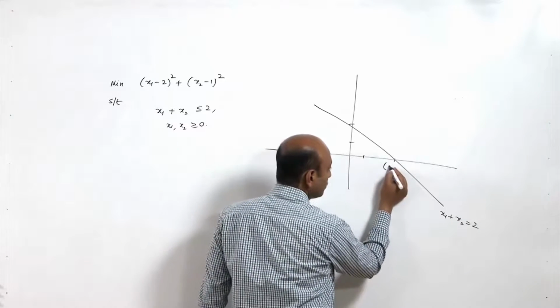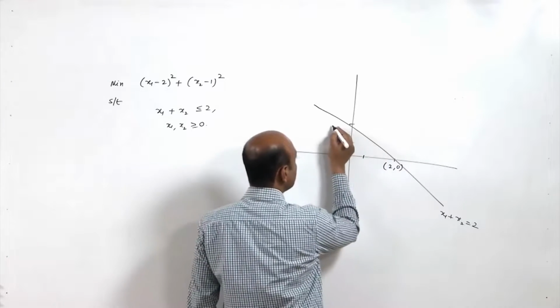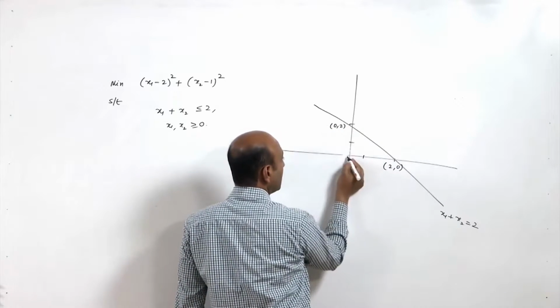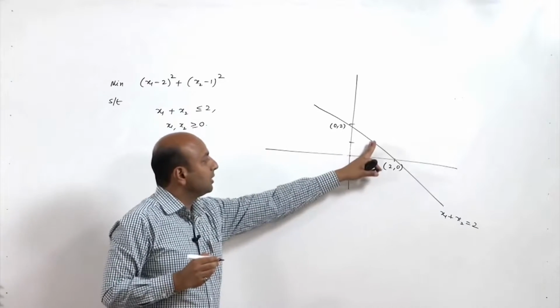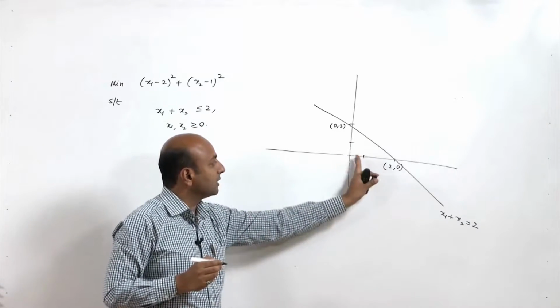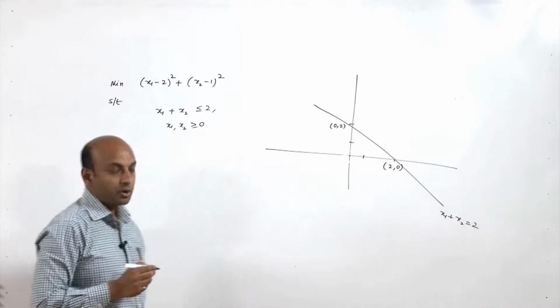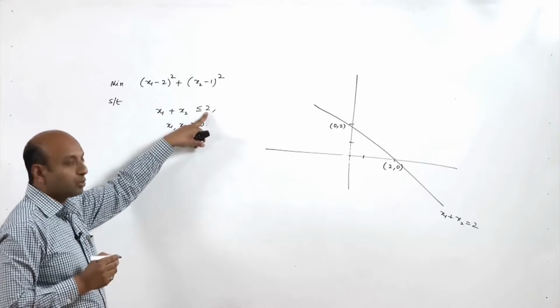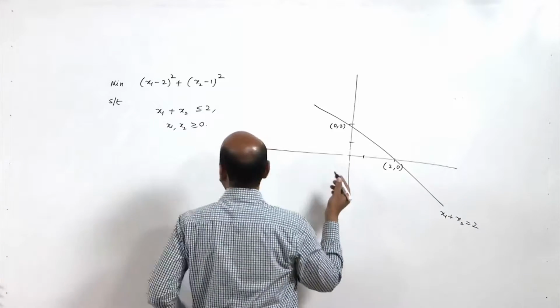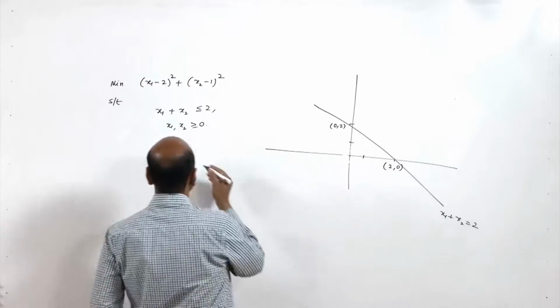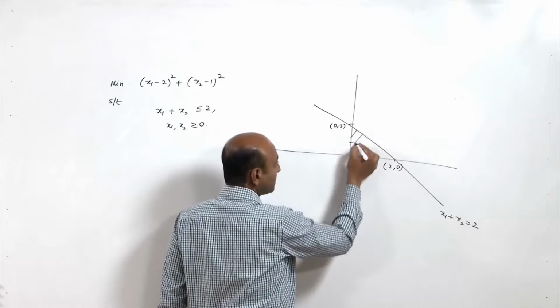So, this point is (2, 0) and this point is (0, 2). It is less than or equal to 2; if we take a point on this side of the line, say (0, 0), then 0 plus 0 is less than or equal to 2, satisfying the constraint. So, we shade towards the origin, and x1, x2 non-negative means the first quadrant. So, this will be the feasible region.